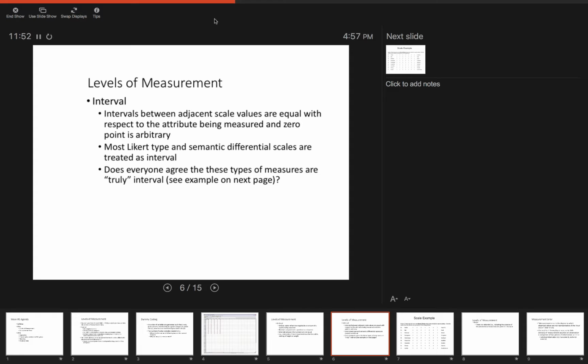And does everyone agree that it meets the assumptions of an interval level measure?